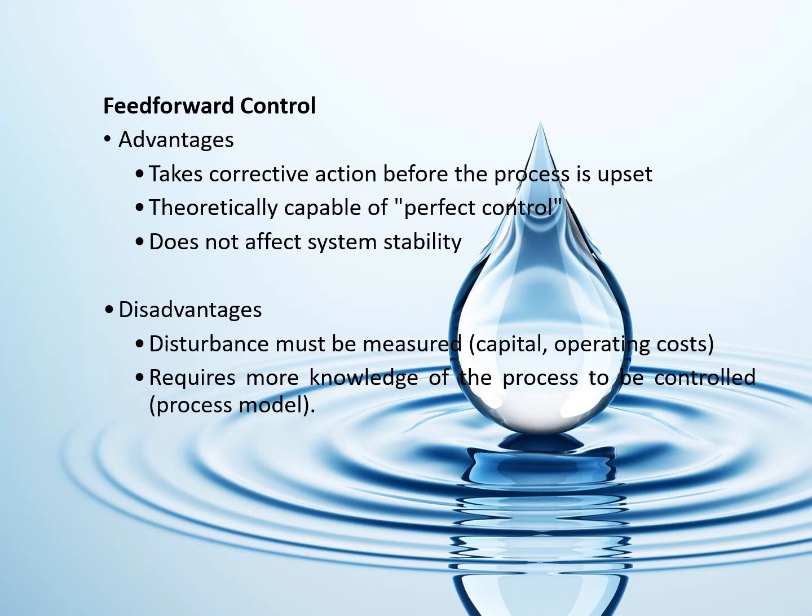When we add additional sensors to measure the disturbances, it will cause the operating cost to become higher. The other disadvantage is the feed-forward control requires more knowledge of the process to be controlled.